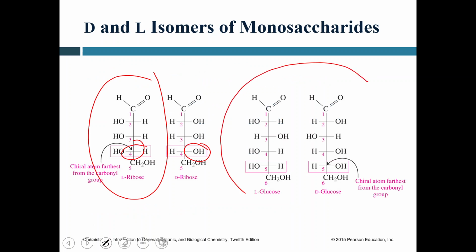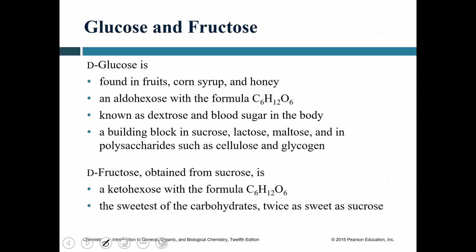Here you see the same example, the molecule of glucose. When hydroxyl at the farthest chiral carbon is on the left, it's L-glucose. It's on the right, it is D-glucose. Turns out D-glucose is found in various fruits, in corn syrup and honey. That's a garden variety glucose.